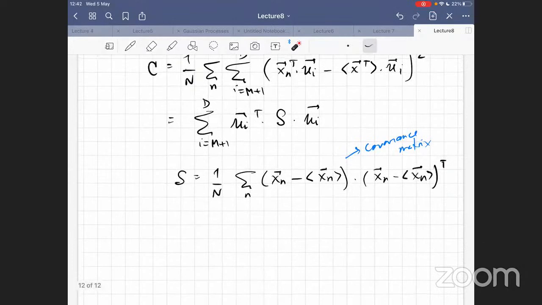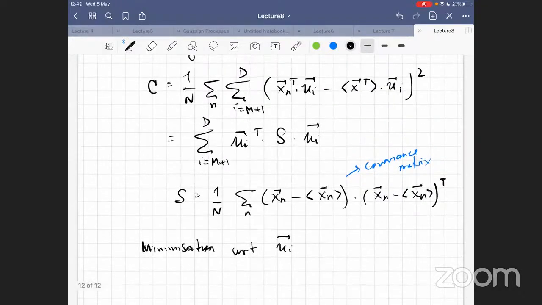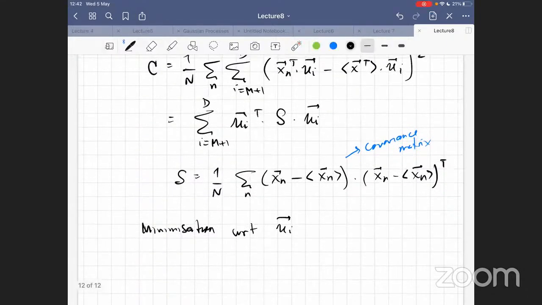So let us compute at this point the minimization with respect to the vectors. If you minimize this with respect to the vectors, what you get is that the vectors are 0, which is obviously the trivial solution, but not a useful one. So instead, what one should minimize is C plus some Lagrange multiplier.